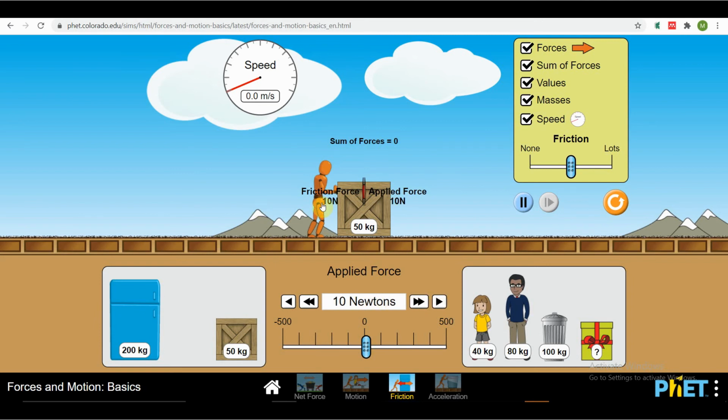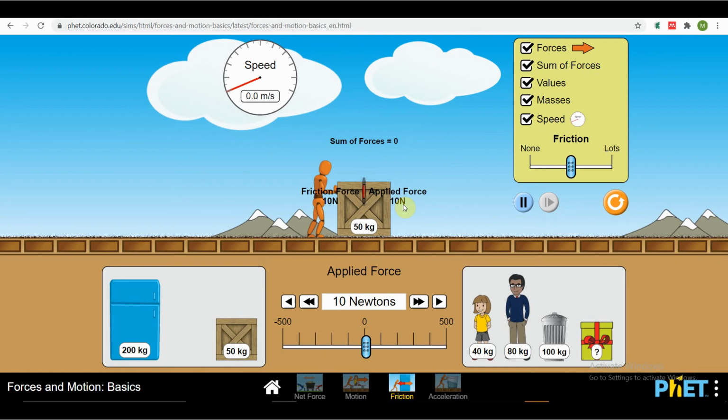So I'm increasing, so the guy starts to push the box. But unfortunately, the box is too heavy. It is 50 kilograms, which generates a certain frictional force. As you can see, the applied force is 10 Newton. He pushes with 10 Newton. The ground is going to generate a frictional force that pushes against the applied force.